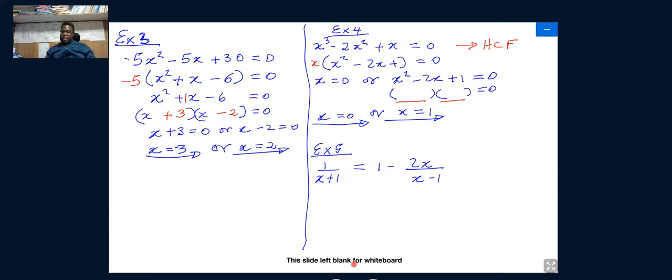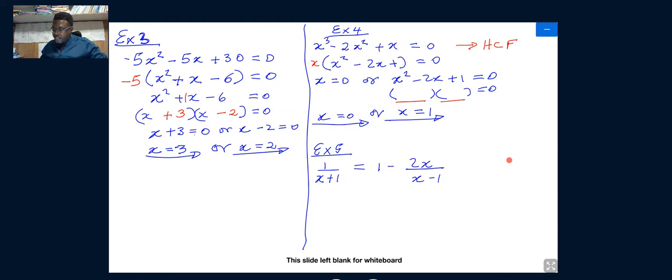At the end of the day here, you are going to end up with a quadratic because 2x is going to multiply possibly x plus 1. That is what is going to happen because you are going to multiply both sides of the equation by x plus 1 and x minus 1.